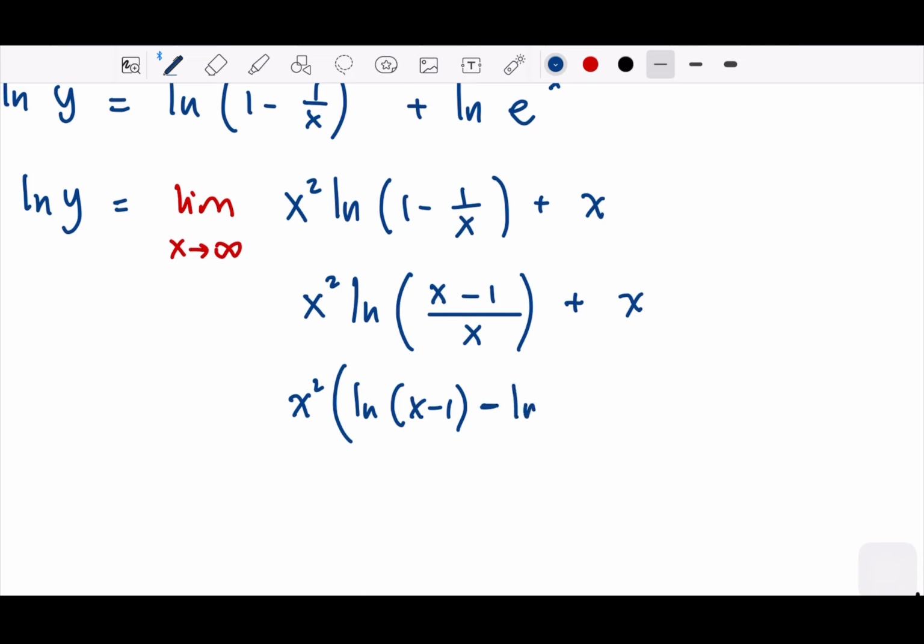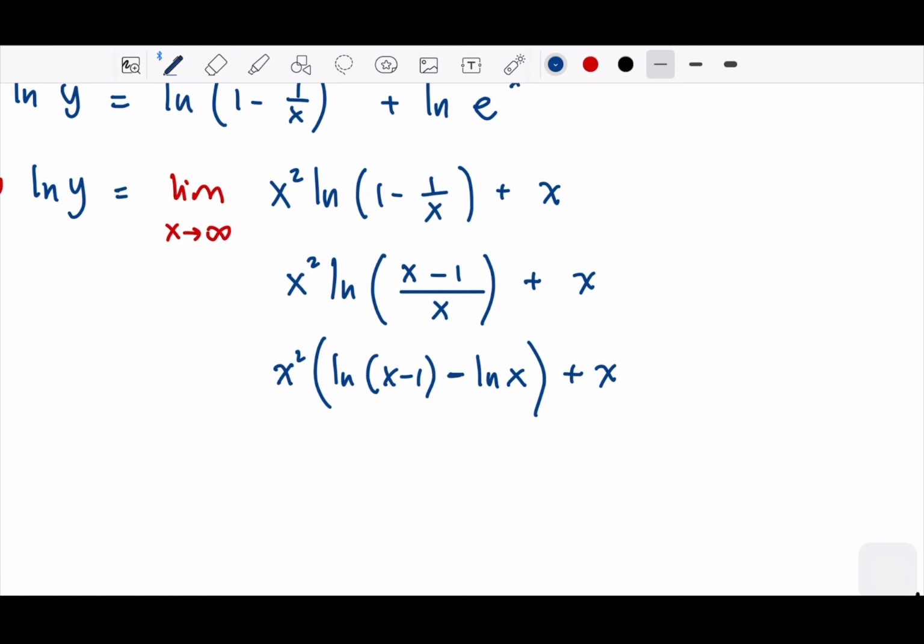If we take the ln 1 over x plus x, if that is the case, we still have infinite over, I think infinite.